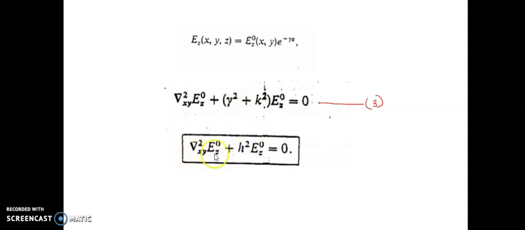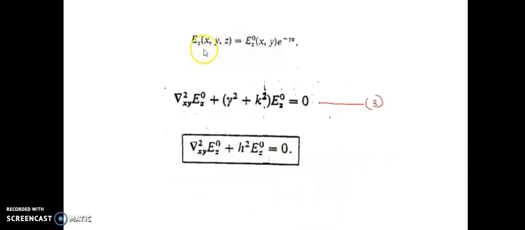So del square xy Ez0 plus h square Ez0 equals 0, where del square xy is the Laplacian in the transverse directions, that is dou square by dou x square plus dou square by dou y square. Writing this in the Cartesian coordinate system, we get dou square by dou x square plus dou square by dou y square plus h square acting on Ez0 of xy equal to 0. Since the waveguide has a rectangular cross section, we use the Cartesian coordinate system.